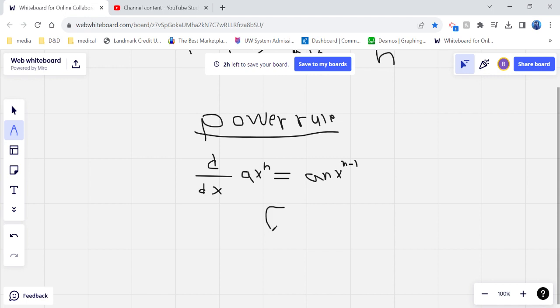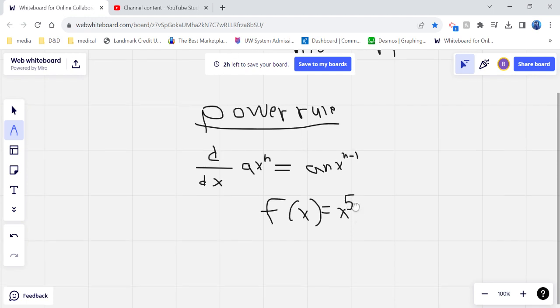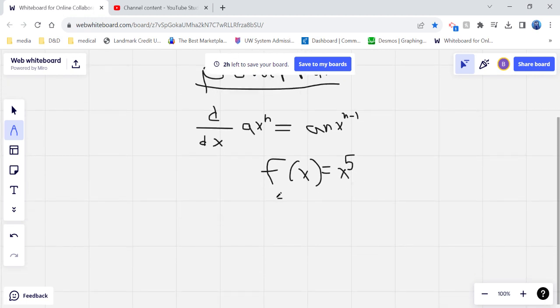So let's say we had f of x equal to x to the fifth. So that's a polynomial expression right there.